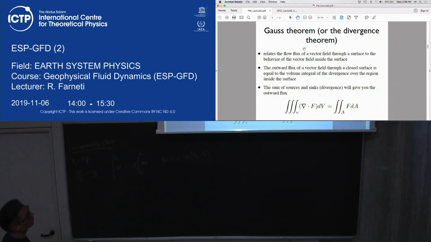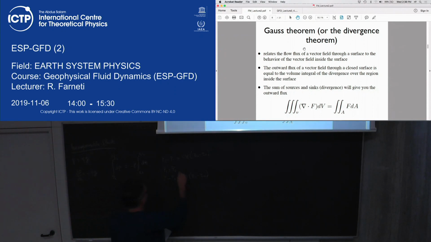Now we're going to take P1 as a reference pressure, so we call P1 equal to P naught, some reference pressure. So we have P minus P naught equal to minus gamma times Z2 minus Z naught, a reference level.